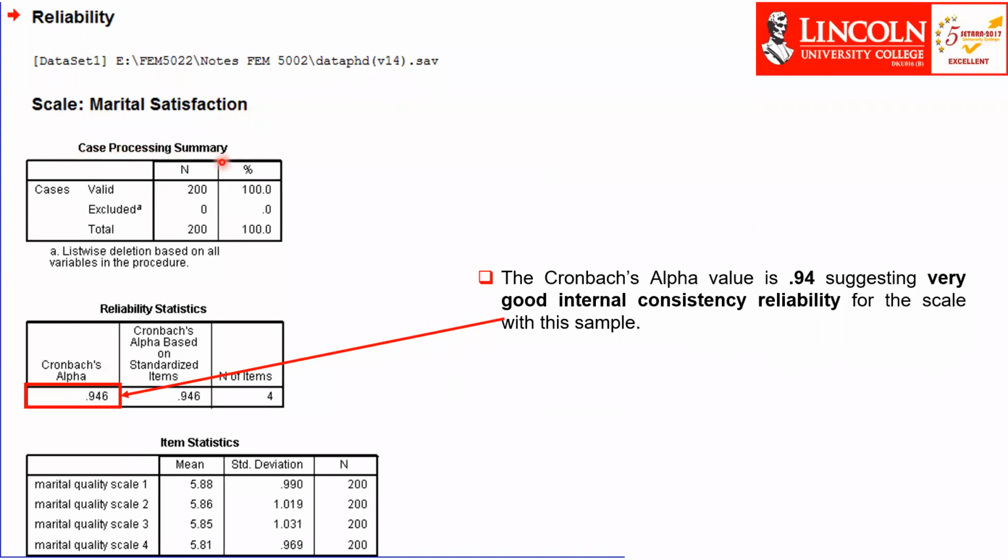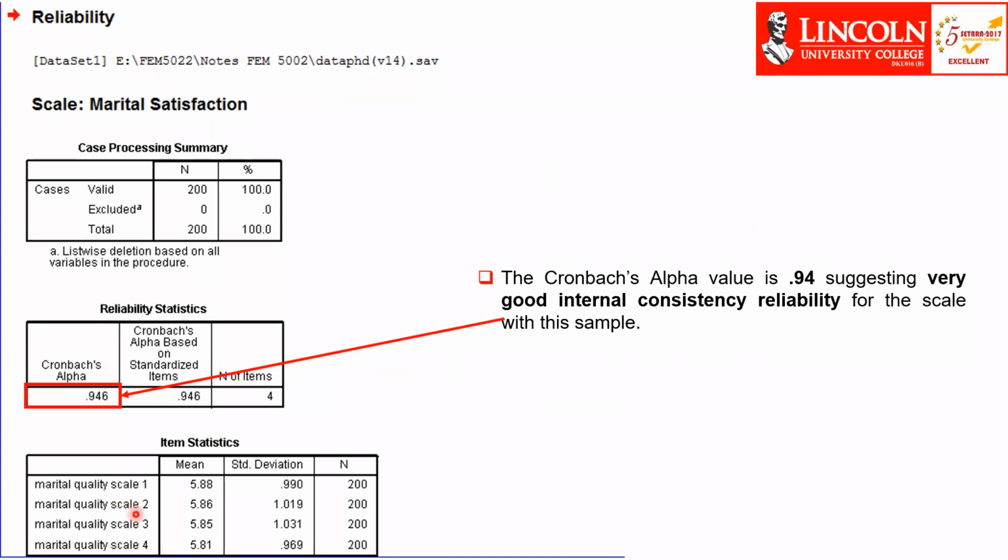I have my case processing summary, reliability statistics, and item statistics, but I'm more concerned about the reliability statistics. When I check the Cronbach's alpha value, it is 0.946, which suggests a very good internal consistency reliability for the scale with this sample. The number of items is 4.